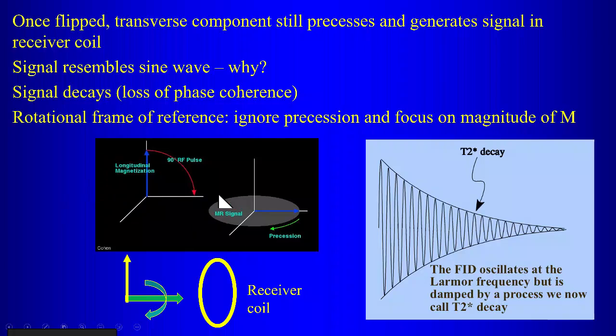You can just deal with the magnitude of this component as it forms when you flip it 90 degrees, and then as it decays, as it gets shorter and shorter. Okay? So that's the rotational frame of reference. Using that, you can ignore the precession and focus mostly on the magnitude of this component.